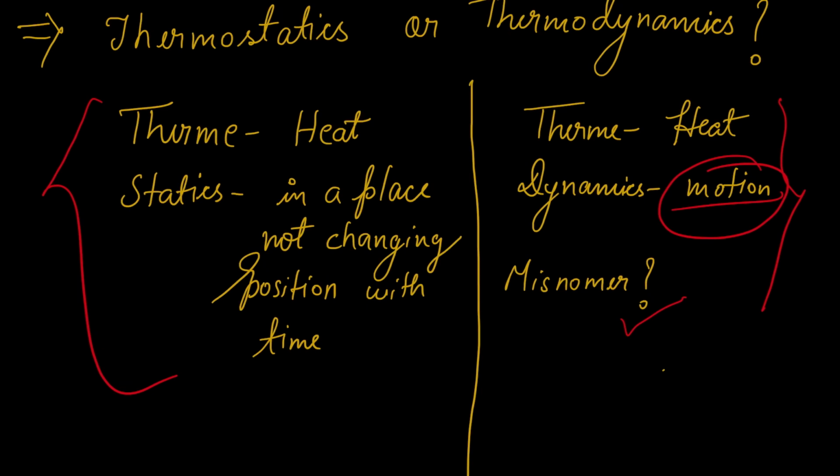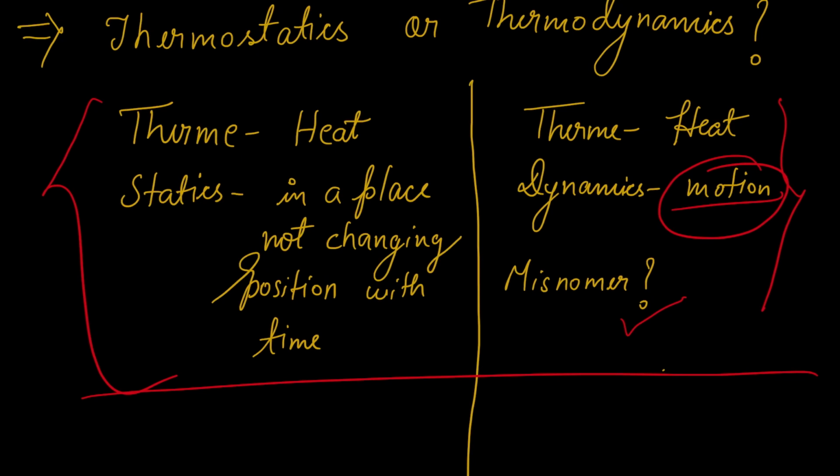But in real applications, in the real world, a system always attains a state of thermal equilibrium only after it goes through a process of non-equilibrium. In the real world, everything is not stationary, right? It has gone through a series of non-equilibrium processes to achieve thermal equilibrium, and that's why we use thermodynamics.